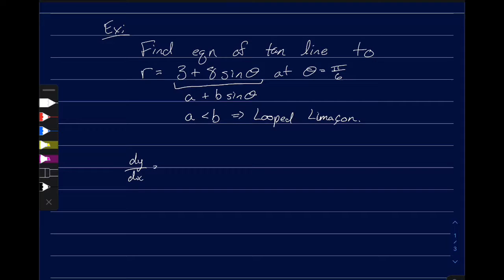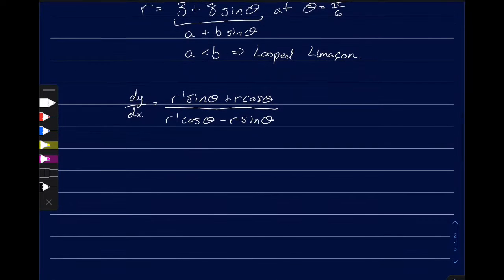So we want to find dy/dx, and that's r prime sine theta plus r cosine theta divided by r prime cosine theta minus r sine theta.